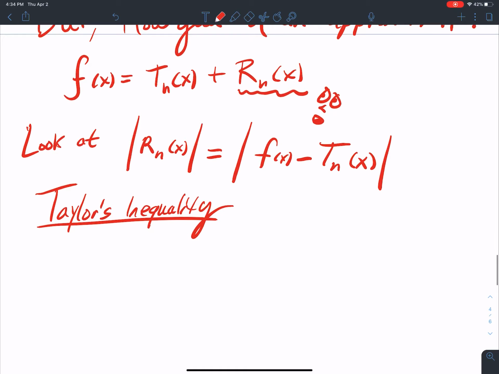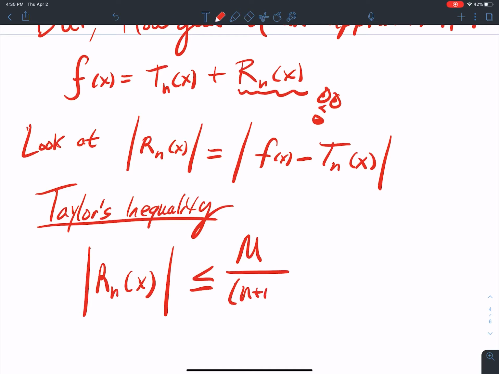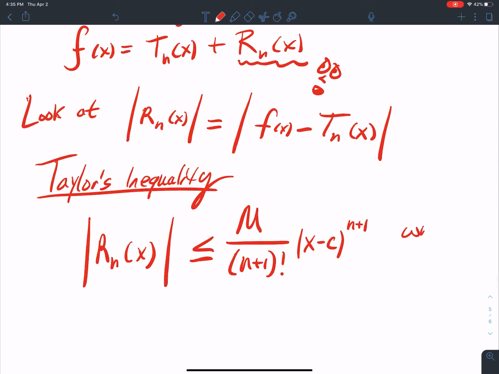What is Taylor's inequality? The absolute value of Rn of x is less than or equal to M over n plus 1 factorial times the absolute value of x minus c to the n plus 1, where the absolute value of the n plus 1 derivative is less than your M, your max value of that function, the n plus 1 derivative there.